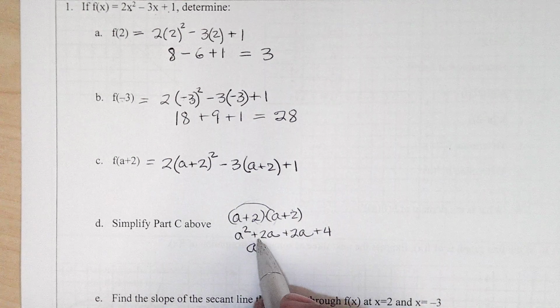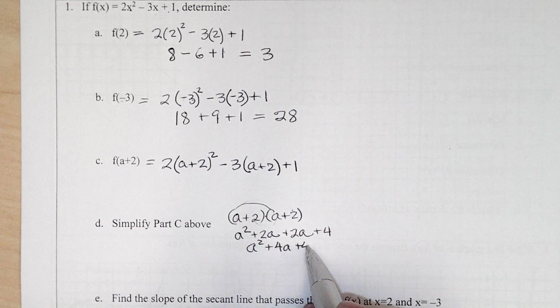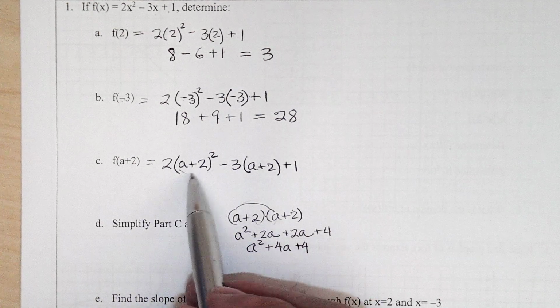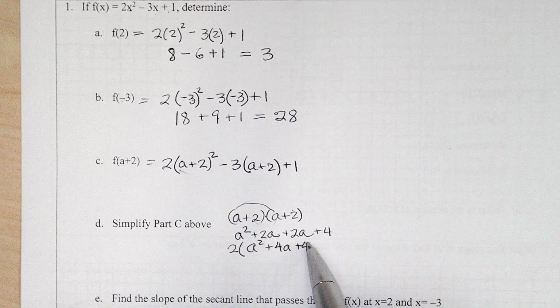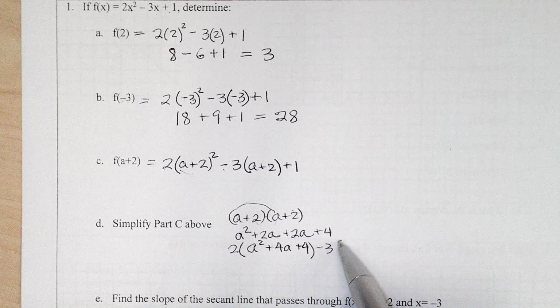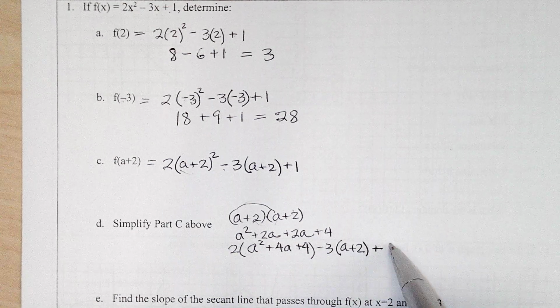That's a squared plus 4a plus 4. That's times 2. And then we got minus 3 times a plus 2 plus 1.